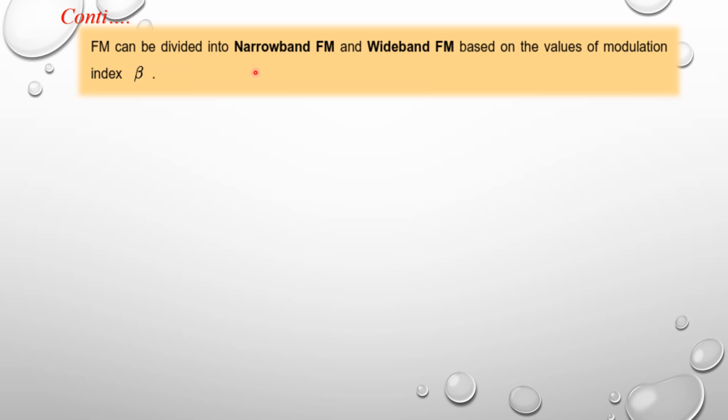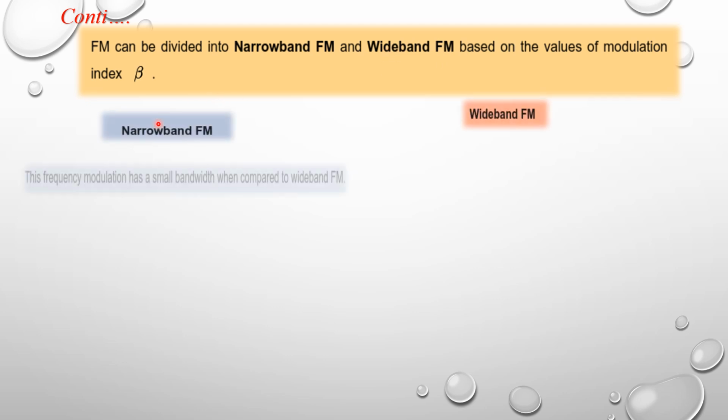FM can be divided into narrowband FM and wideband FM based on the value of the modulation index beta. So based on beta, FM is classified into two types: narrowband FM and wideband FM. In narrowband FM, the modulation has a small bandwidth compared to wideband.